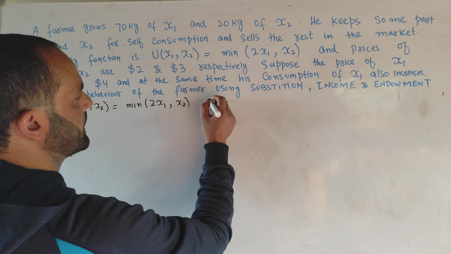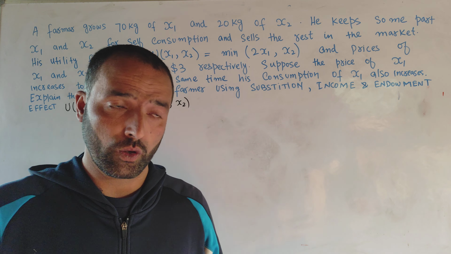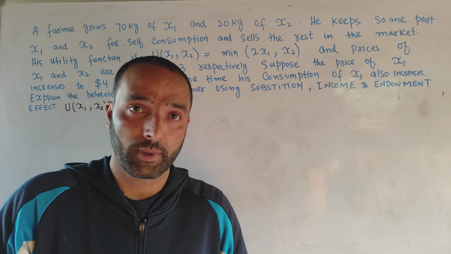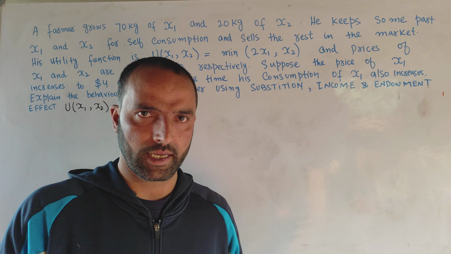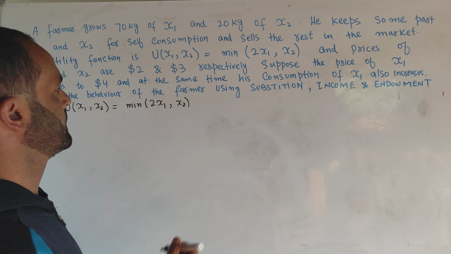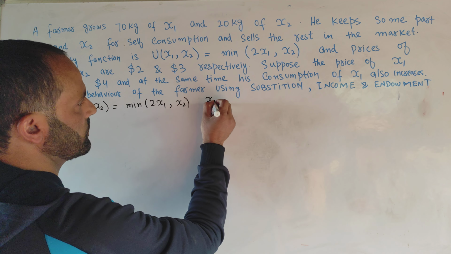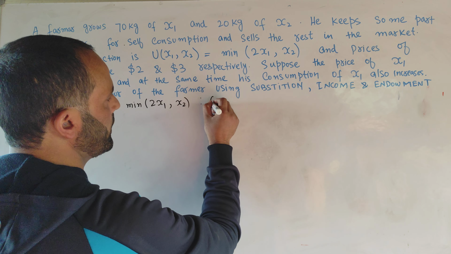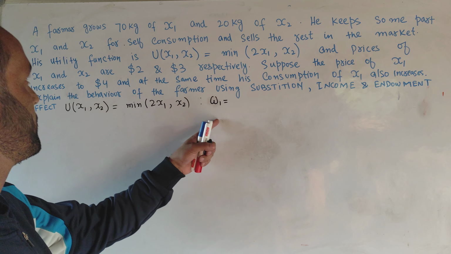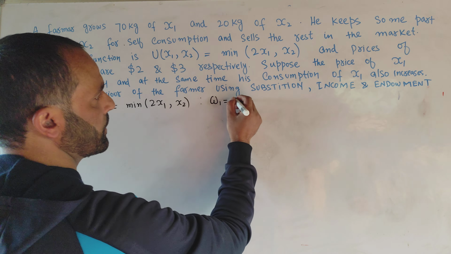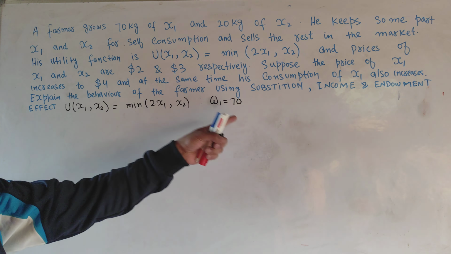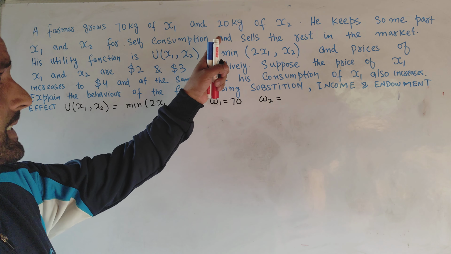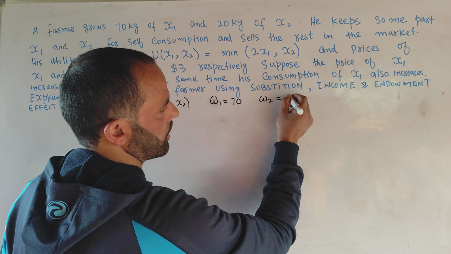Also, we are being told that the income is endogenous, not exogenous. We are not being told that the consumer has some pocket money or real cash. Whatever he has is the endowment. Let me write the endowment as we usually do: the endowment of X1 is 70 kg, he owns 70 kg of X1, and similarly the endowment of X2 is 20 kg of good X2.